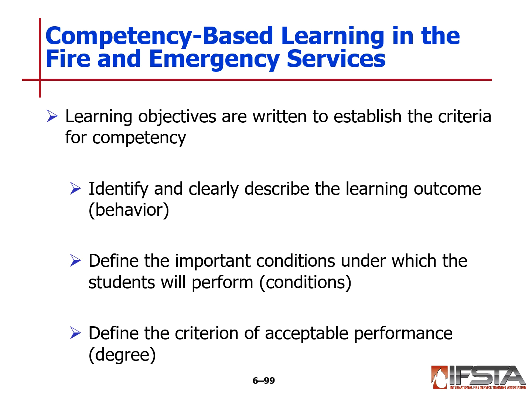These are called the conditions. An example of the conditions: the student will don an SCBA while wearing full personal protective equipment. Third, define the criterion of acceptable performance. This is also called the degree. An example of the degree: the student will don an SCBA while wearing full protective equipment within 45 seconds.